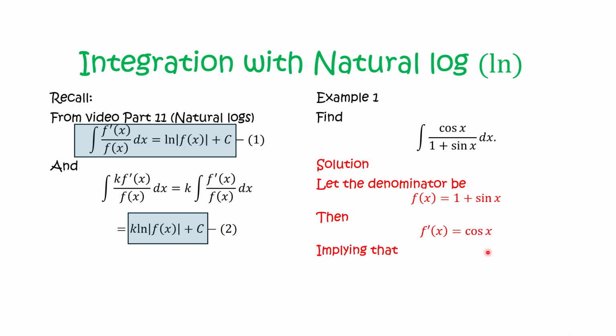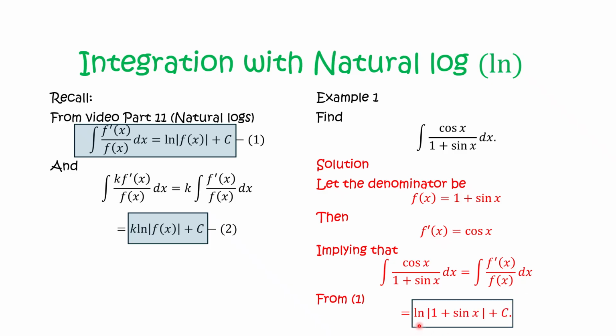This would imply that the integral of cosine of x over 1 plus sine of x dx is equal to the integral of f prime of x over f of x dx. From equation 1 or formula 1, we would have the answer as the natural log of the absolute value of 1 plus sine x plus c, the constant of integration. That's how we get the answer to this problem.